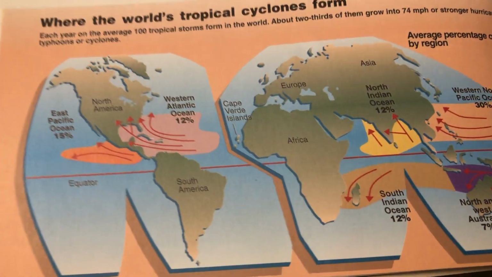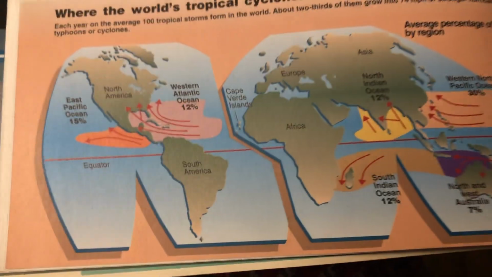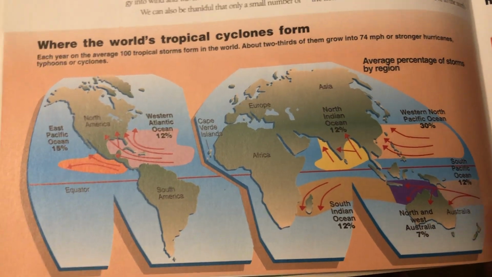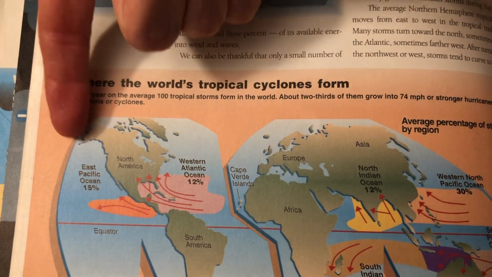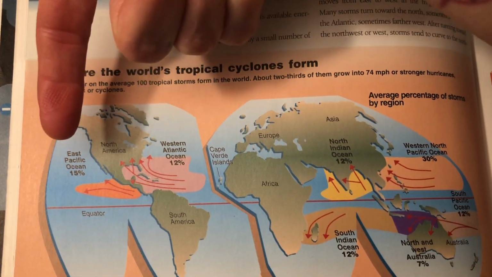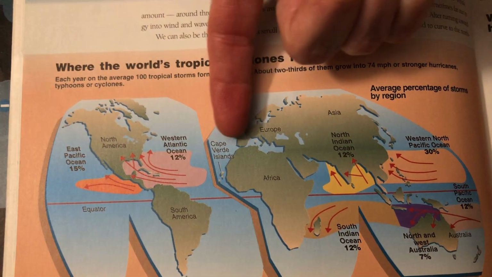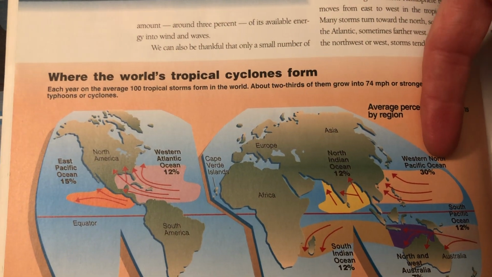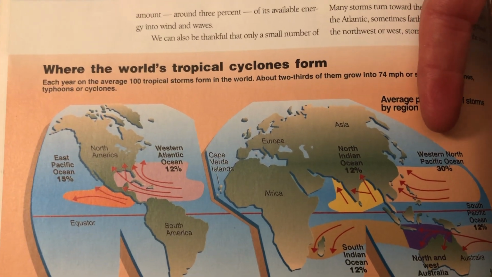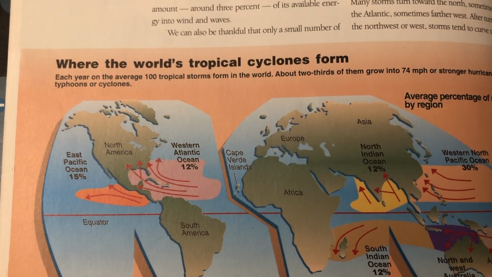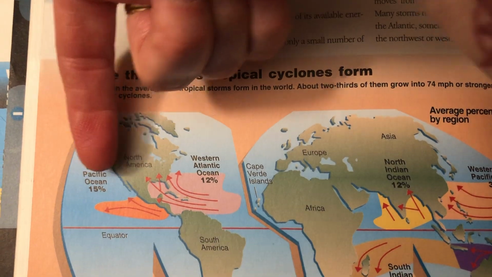But let's look at where the tropical cyclones form. Of course we're talking about the tropics here. And one thing you guys may remember: in the mid-latitudes, the upper air westerlies, the geostrophic winds, are blowing from the west toward the east. And that's why for most everybody up here in the mid-latitudes, including everybody in the United States, our storms move from the west to the east.